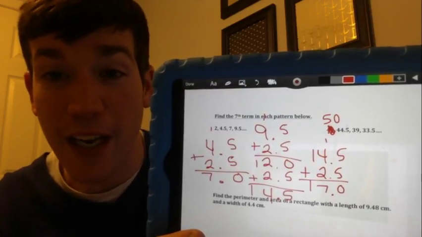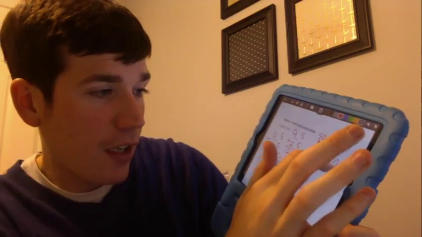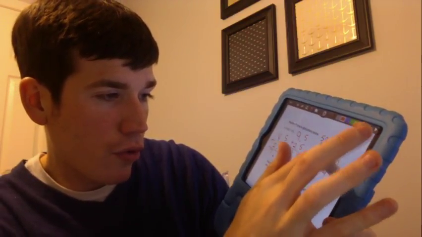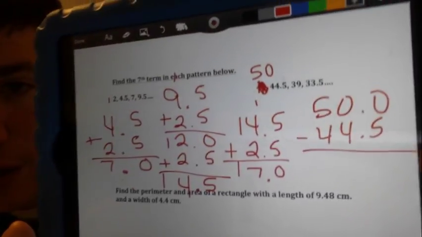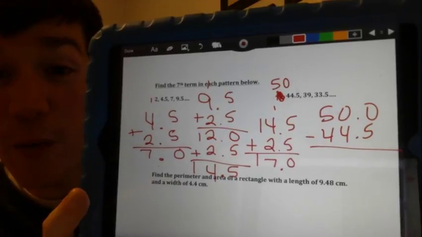In order to find what we're subtracting, my first suggestion would be to take 50 minus 44.5, looking like this over here. I would see if you can find what we're subtracting. Once you've found what we're subtracting each time, you're just going to do that 3 more times, and that'll give you the answer. So I'm going to let you finish off the end there.